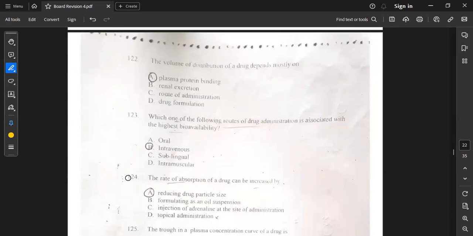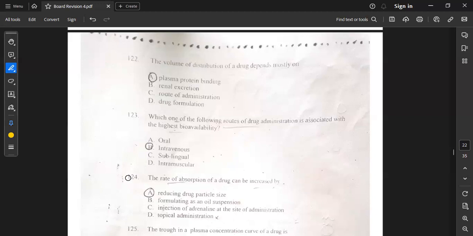The volume of distribution of a drug depends mostly on plasma protein binding, as we had said, renal excretion, route of administration, and drug formulation. So someone had said the volume of distribution is when the drug binds to the plasma. Is it when it binds to the proteins and goes to the tissues?